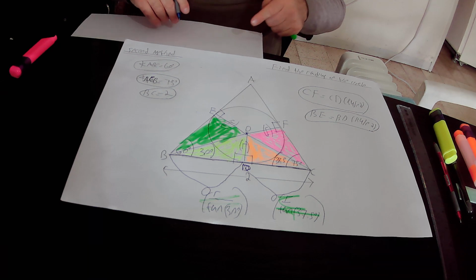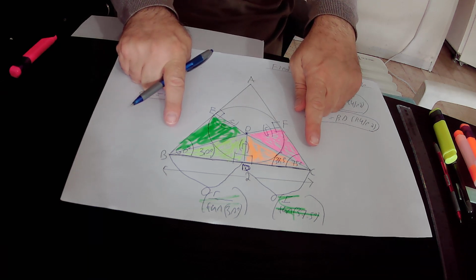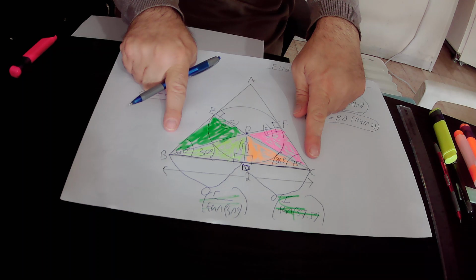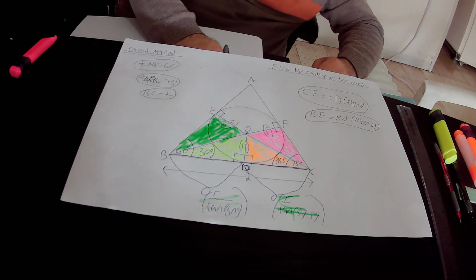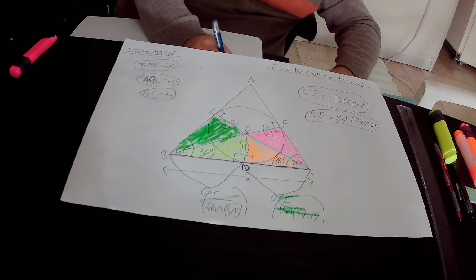So it is very easy to see from the drawing that side BC equals BD plus DC. So I write it down, BC equals BD plus DC.